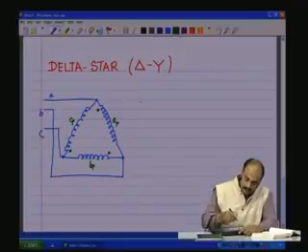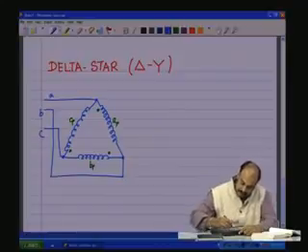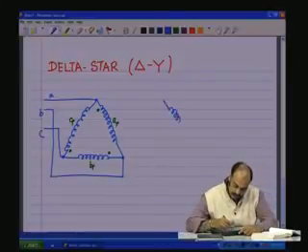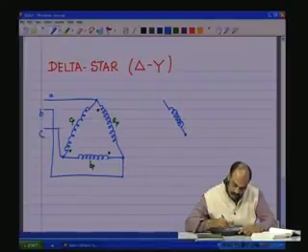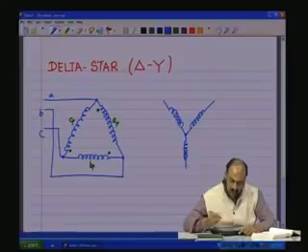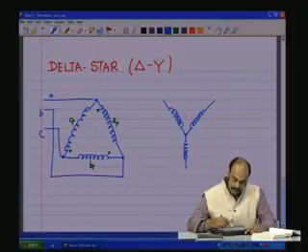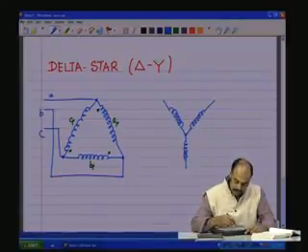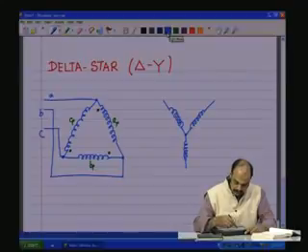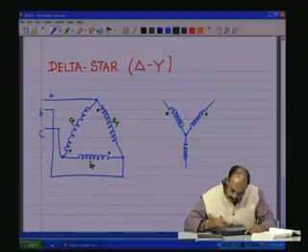Now, the secondary is connected in star fashion. This is the secondary connection, and let us also put the dot polarities all away from the neutral.